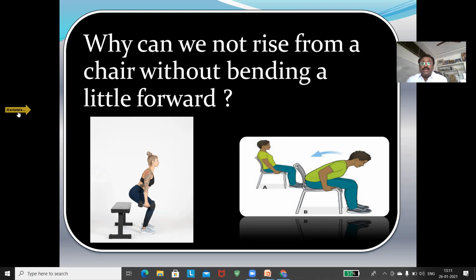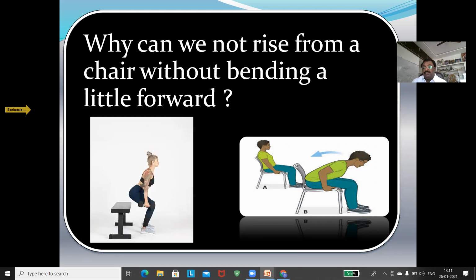Without bending our body, we cannot rise. I think you all experience this. See how she is bending her body while rising from the chair. Even we do the same. While rising from a chair, we definitely bend our body. Without bending, we can't rise.